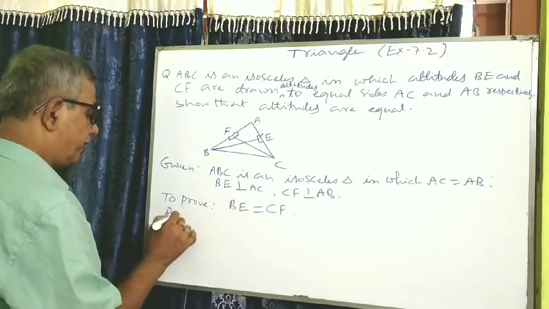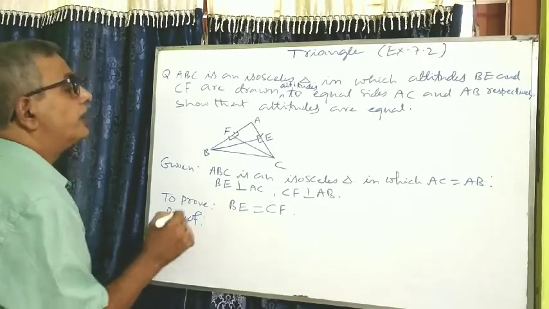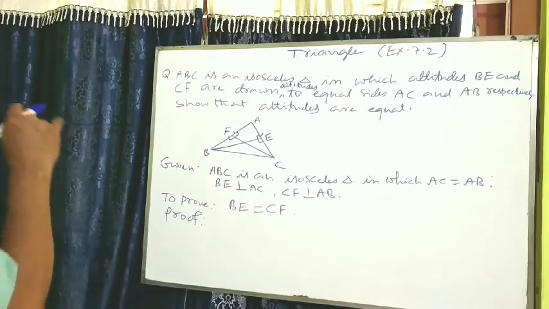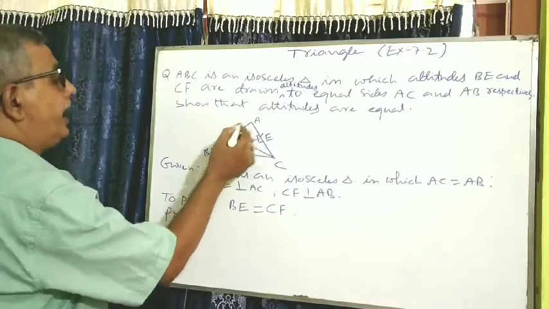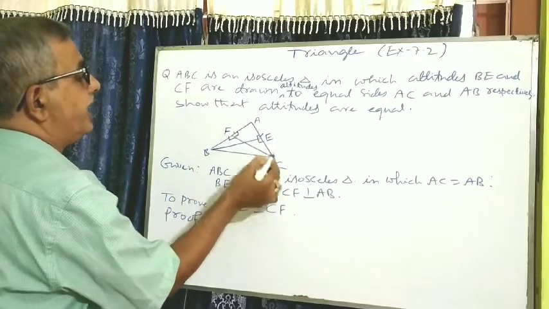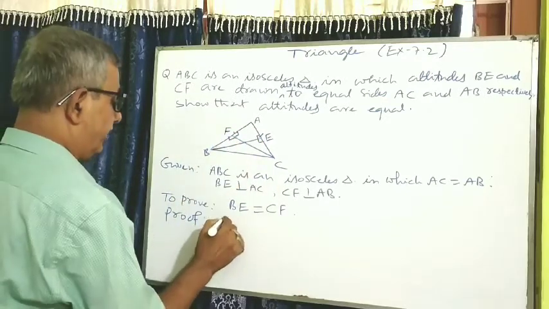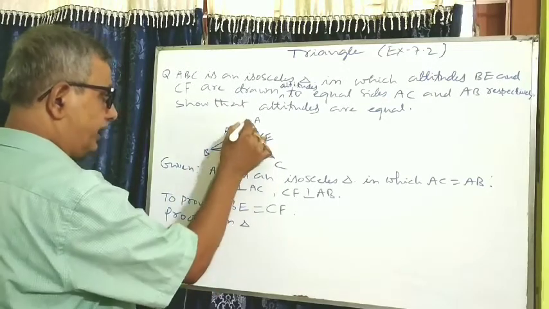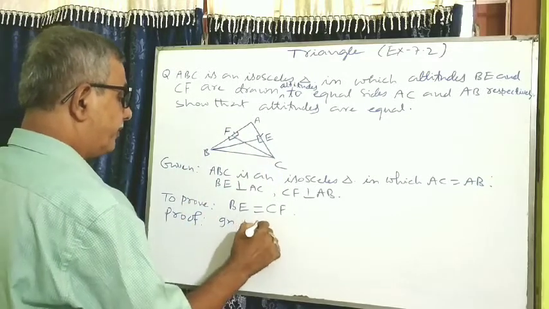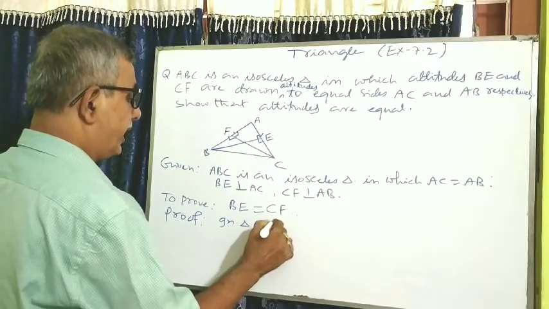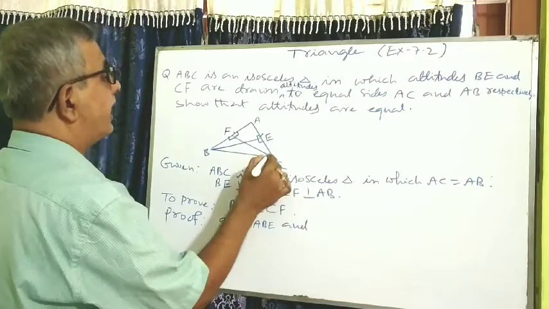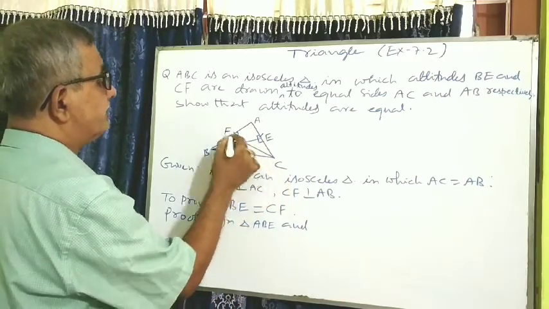Proof. Here you see, you compare the two triangles. Which triangles? In triangle ABE and triangle ACF.